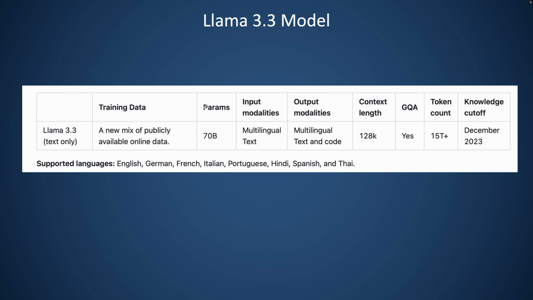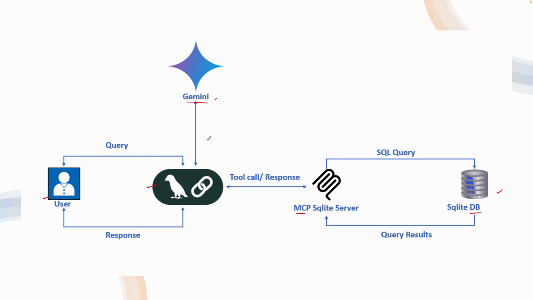Now, Gemini is intelligent enough to know that, okay, I need to make a tool call. So Gemini will be making a tool call, and that tool call is being made to the MCP SQLite server. Because Gemini can't make this tool call directly, this is where the LangChain MCP adapter comes into the picture.